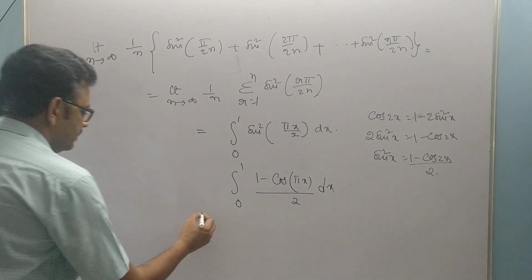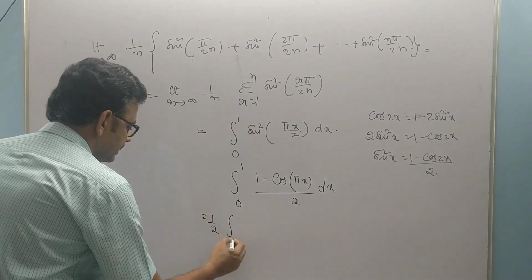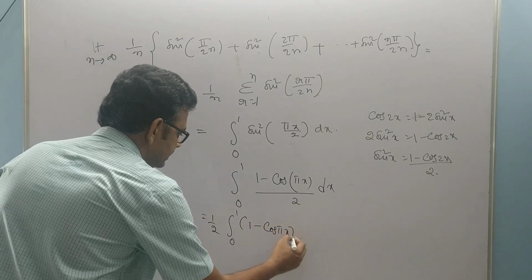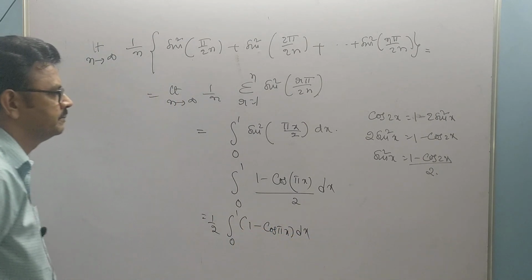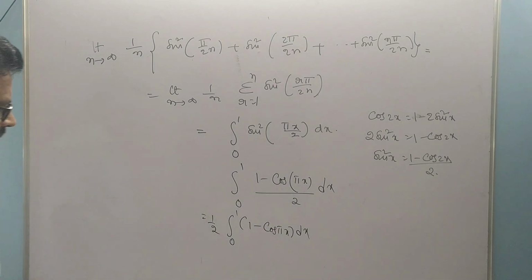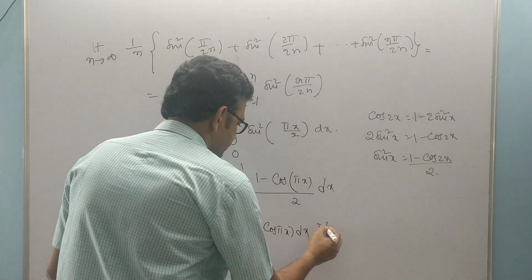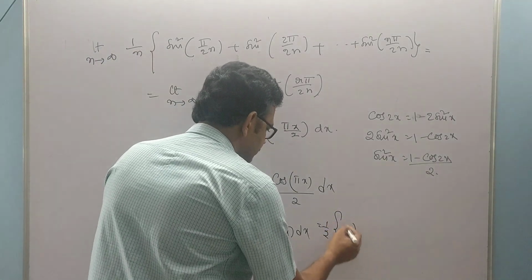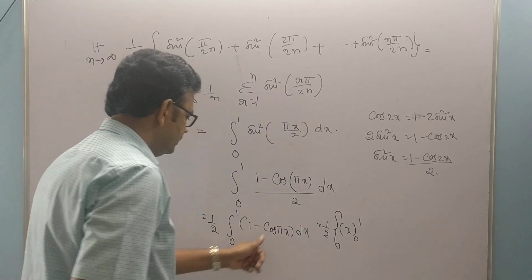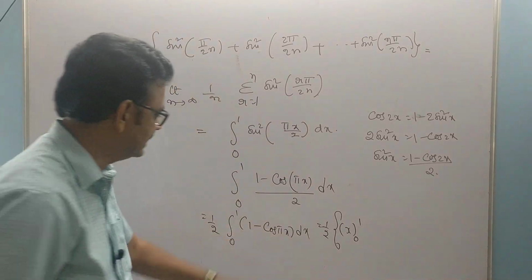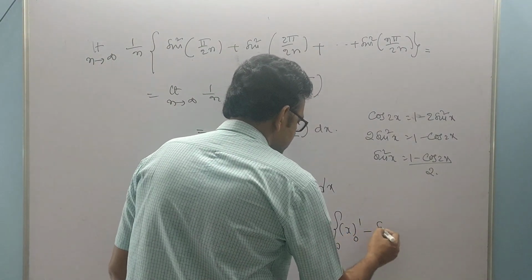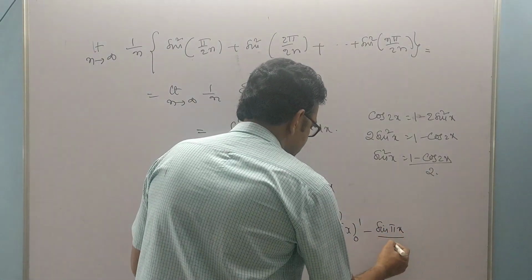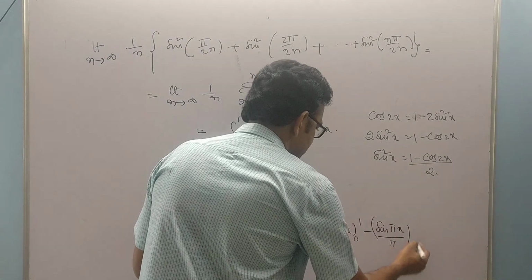So this is 1 by 2 into the integral from 0 to 1 of 1 minus cos pi x dx. Again, this is a general integration. 1 by 2 into, the integral of 1 is x, limits 0 to 1, minus the integral of cos, which is sin pi x by pi, limits 0 to 1.